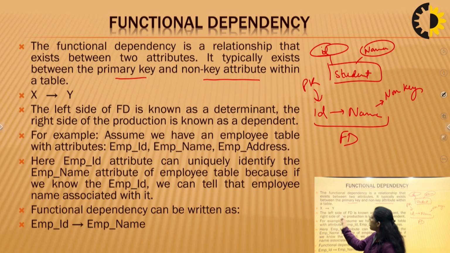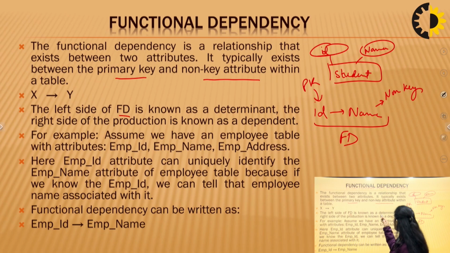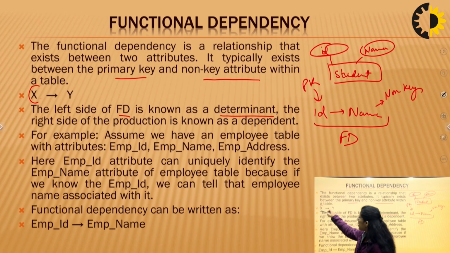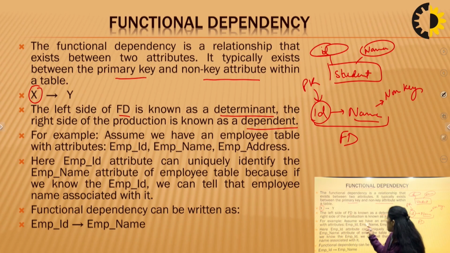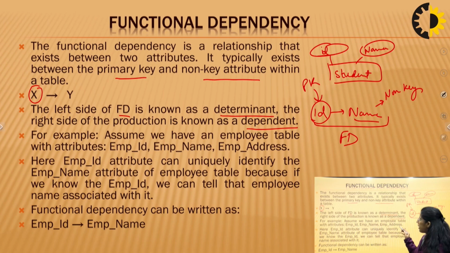The left side of a functional dependency is known as the determinant. Here this X or this ID is a determinant. The right side is known as the dependent. Name will be dependent on this particular determinant. For example, assume we have an employee table with attributes employee ID, employee name, employee address.